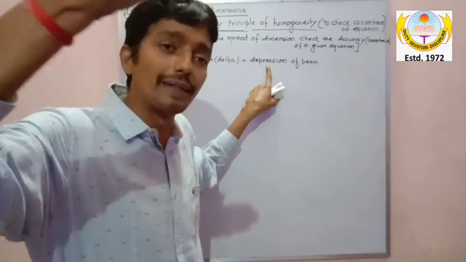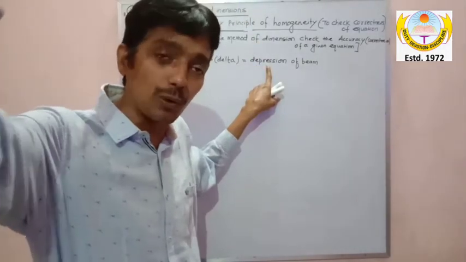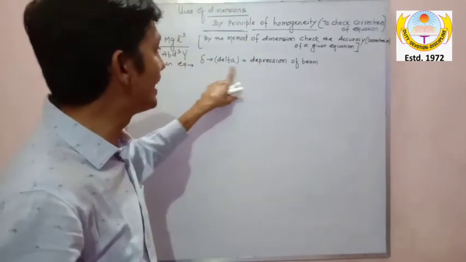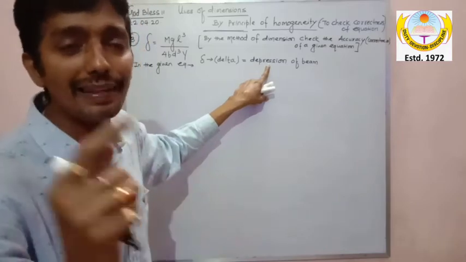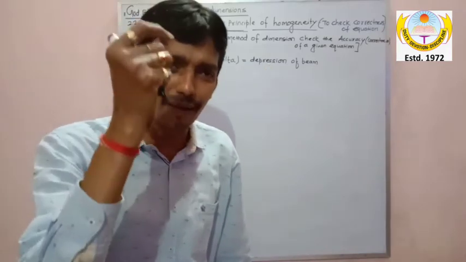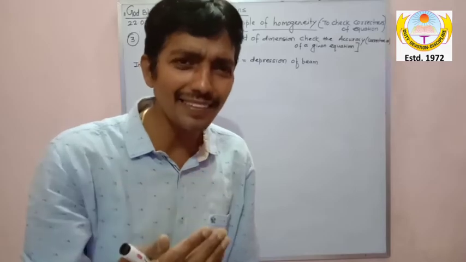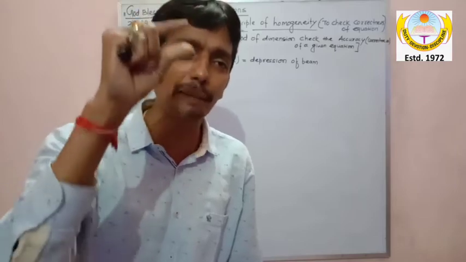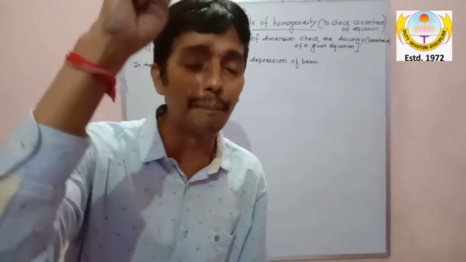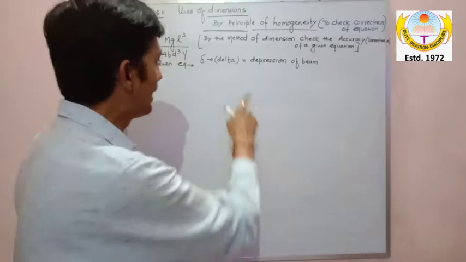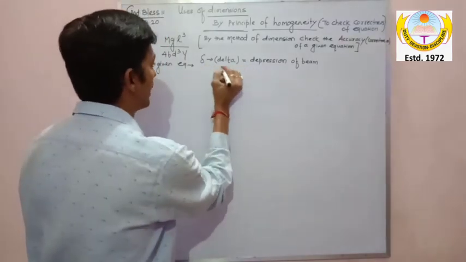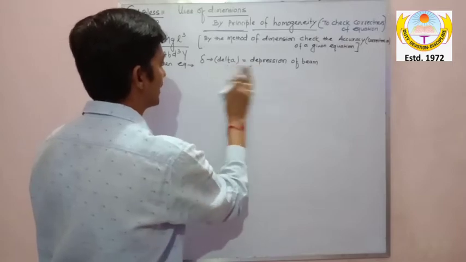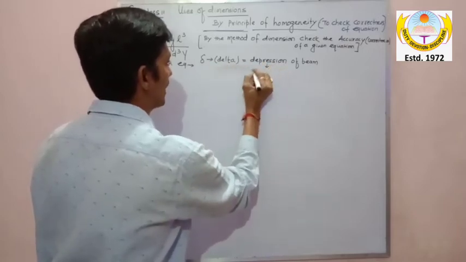If there is a load over the beam, any beam gets depressed. So here delta is the depression of the beam, and depression will be measured in meters or centimeters. Sir, the beam has been depressed by so many centimeters. So here depression is nothing but length.